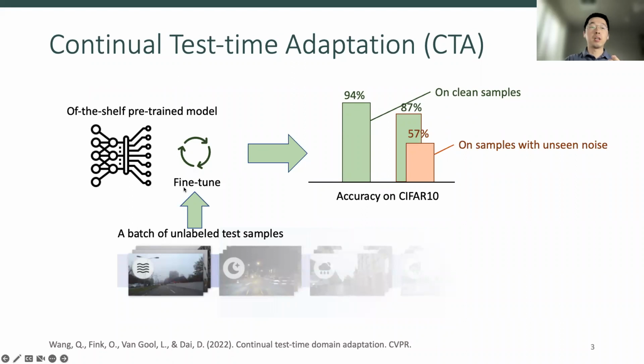Then the pre-trained model will use this unlabeled data to fine-tune the parameters. This is totally done in an unsupervised fashion. Then after the fine-tuning, you will find that this is good. The robust accuracy increased a lot, from 57% to 87%. So this is what we want, and this is how people do continual test time adaptation.